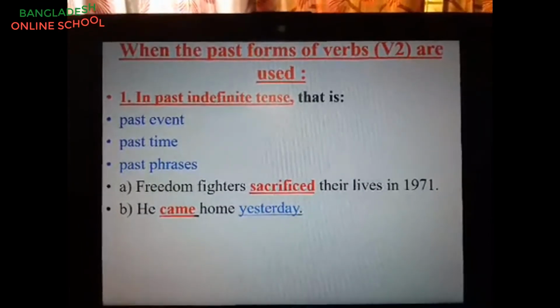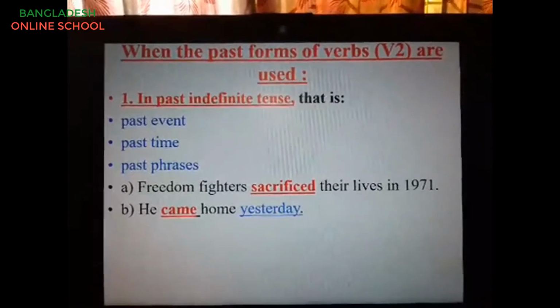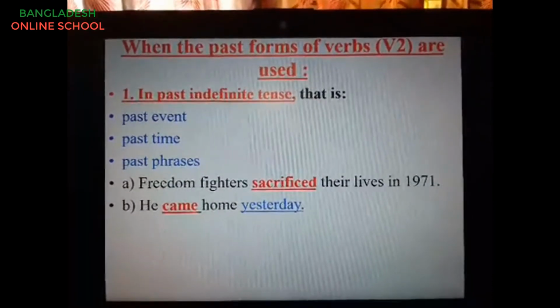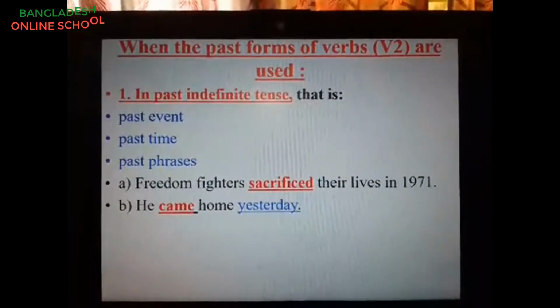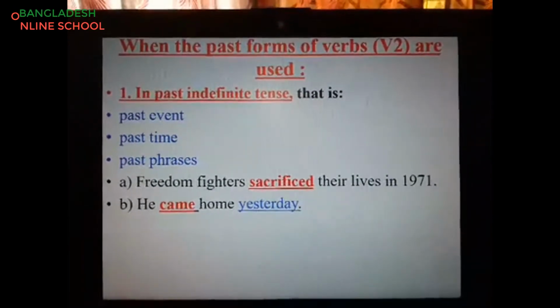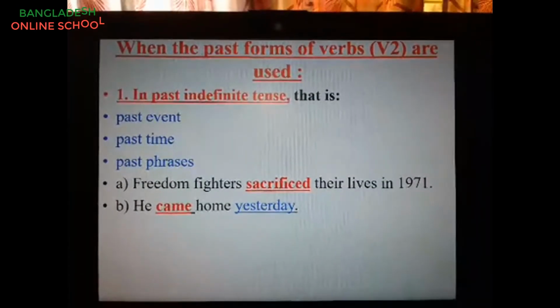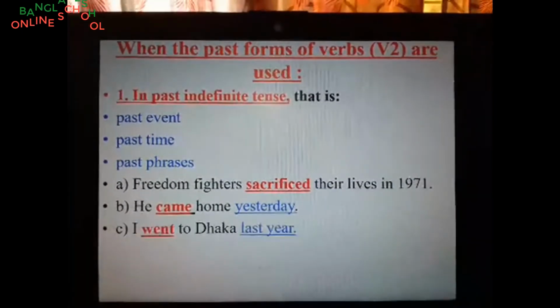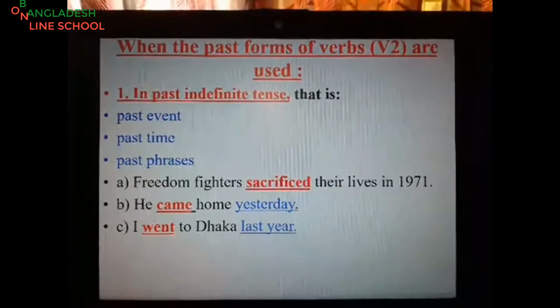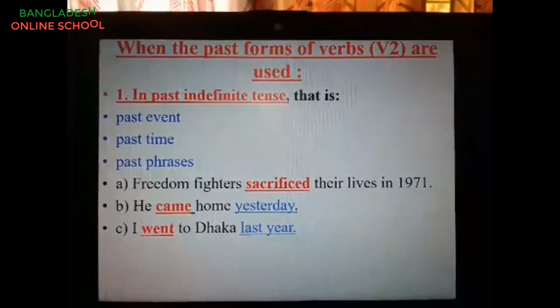Another example, he came home yesterday. Here came is used in past form because yesterday is past time. That is why in this sentence past form of verb is used. In the third example, you see, I went to Dhaka last year.